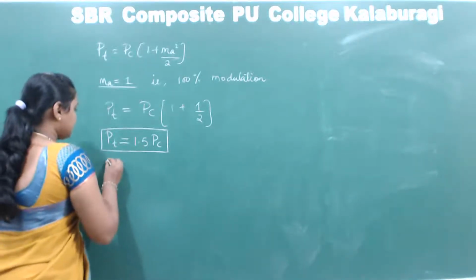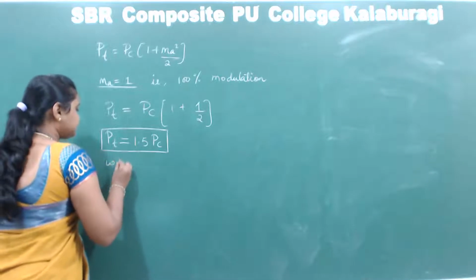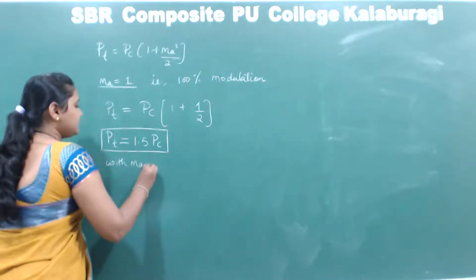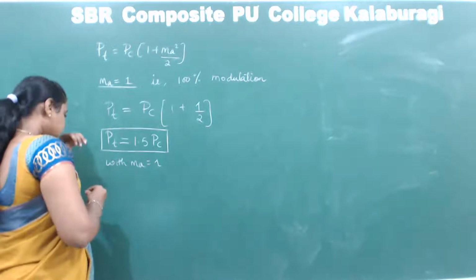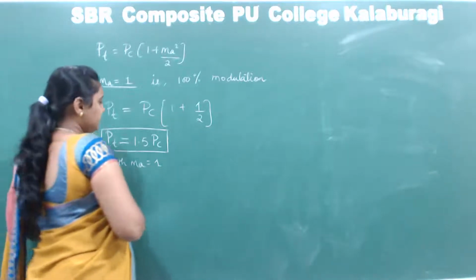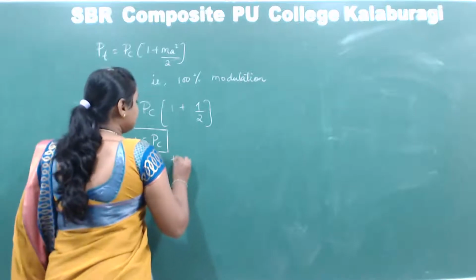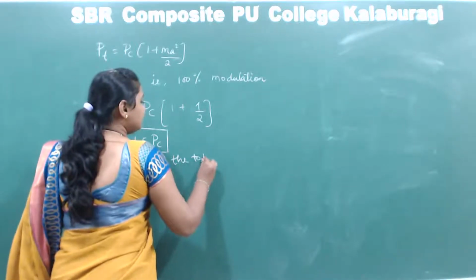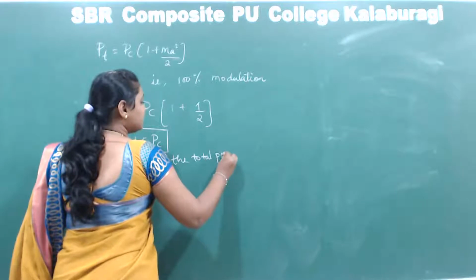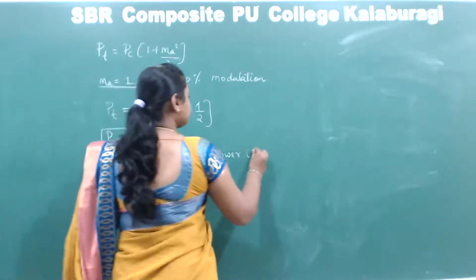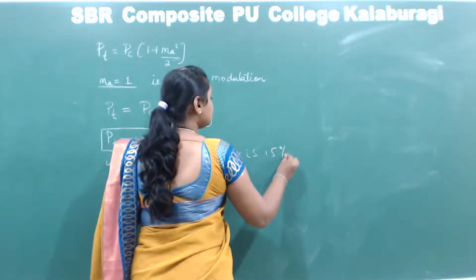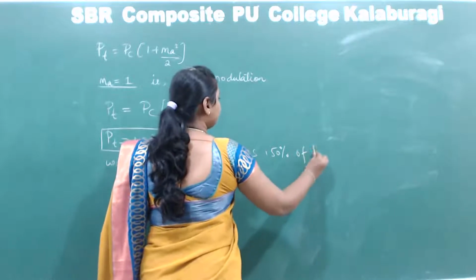So with MA is equal to 1, the total power is 150% of PC.